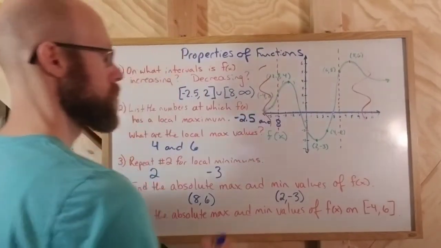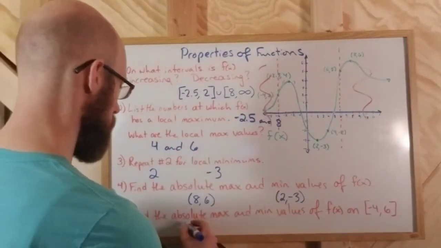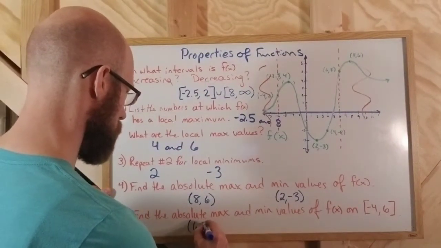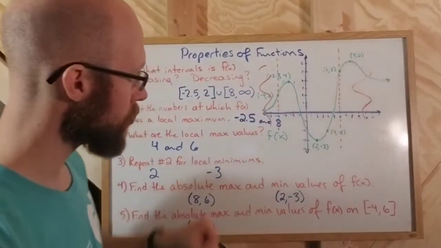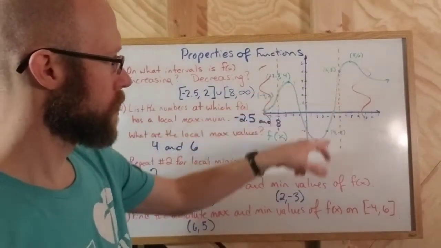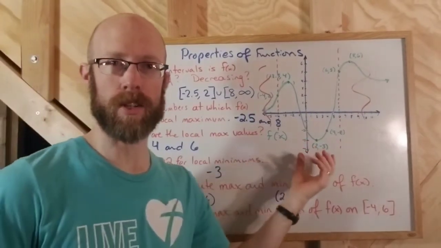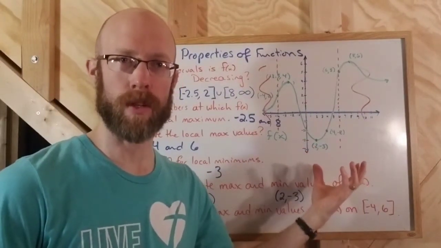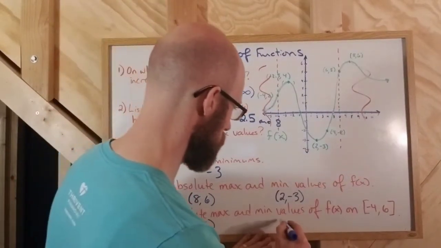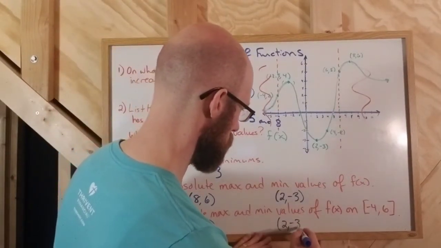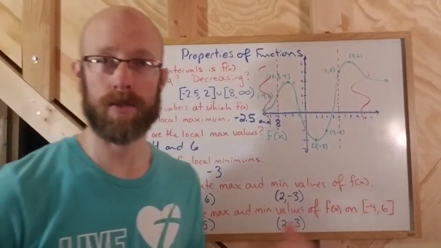So the absolute max would be at 6, 5. The absolute min, if I look at this interval, hasn't changed. It hasn't been taken off by restricting my domain. And so the point 2, negative 3 is still the absolute minimum on this graph.